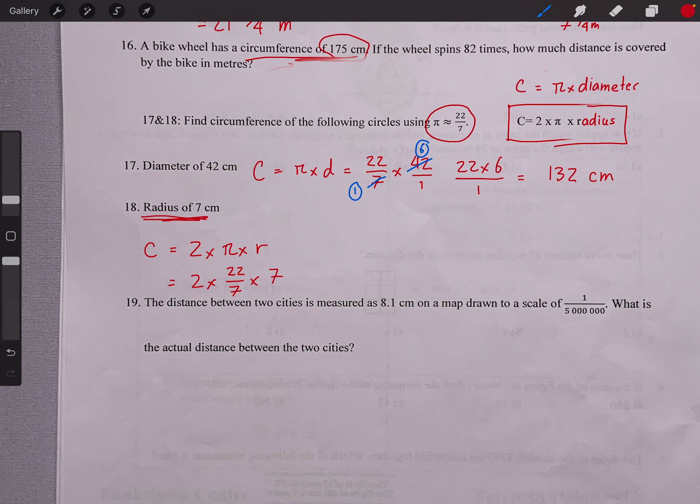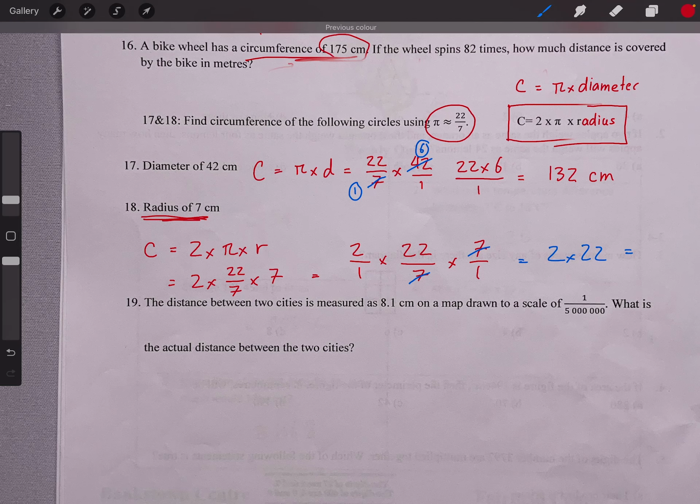So that's equal to 2/1 times, we're going to change everything to a fraction, 22/7 times 7/1. What's going to happen here is 7 and 7 can disappear. We can divide them both by 7. So all you have is 2 times 22. Easy. You can work that out.